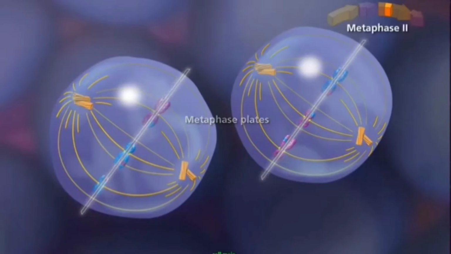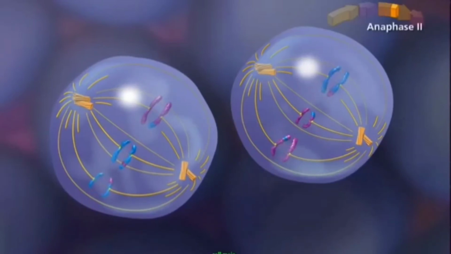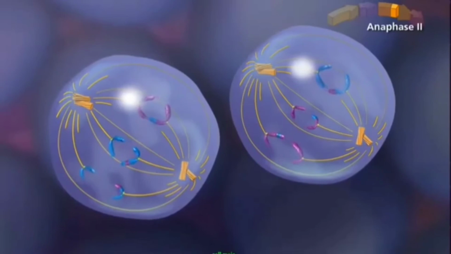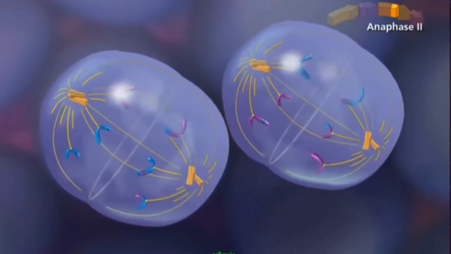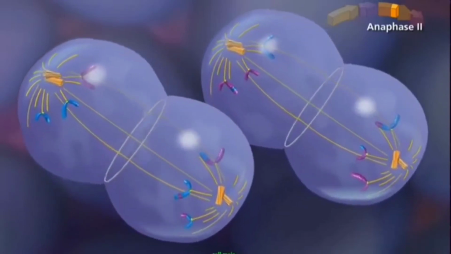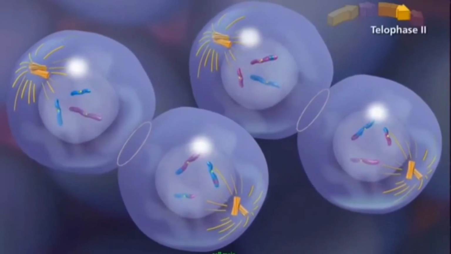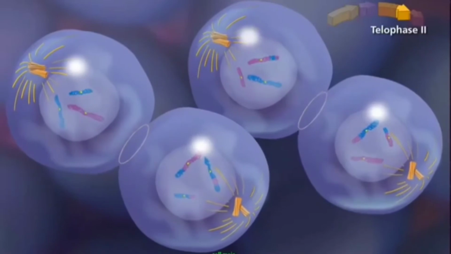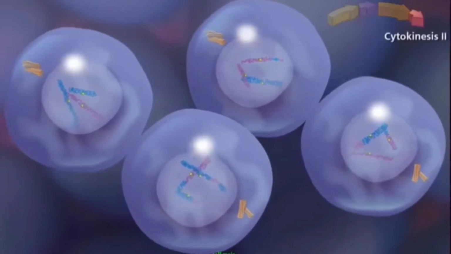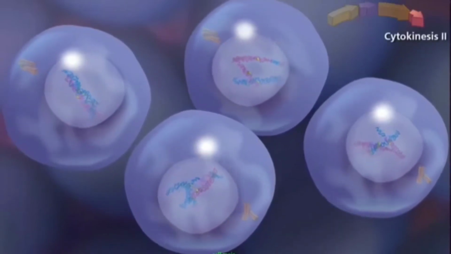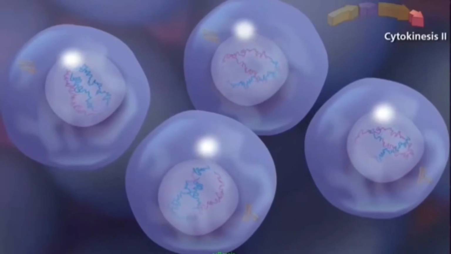During anaphase II, sister chromatids separate and individual chromosomes move toward the poles. The entire process ends with telophase II, as the chromosomes decondense and the nuclear envelope reforms. Cytokinesis occurs and the cleavage process separates the two daughter cells into four haploid daughter cells.